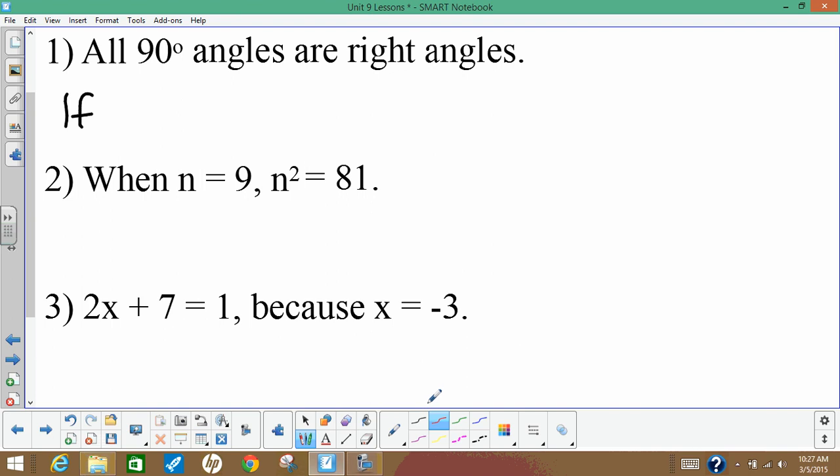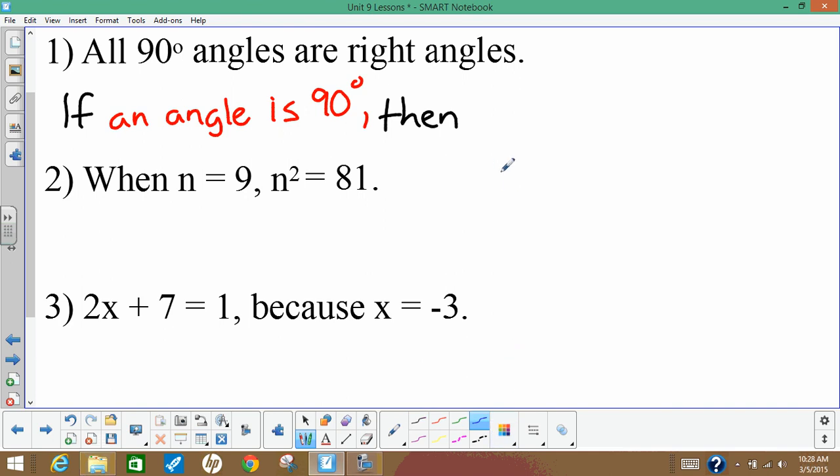So we're saying 90-degree angles are right angles. So we would say if an angle is 90 degrees, we'll put our then, and our conclusion should be it is a right angle.